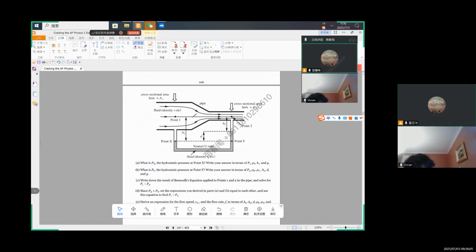See, write down the results. Point 1, point 2, and solve for P1 minus... Oh, that is the big equation again. Are P1 and P2 at the same level? They have the same y, right?